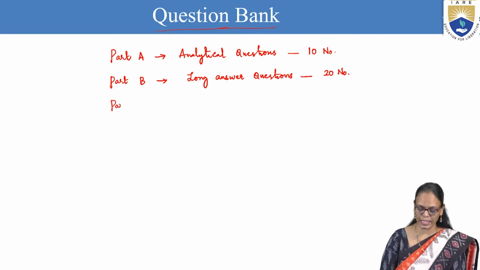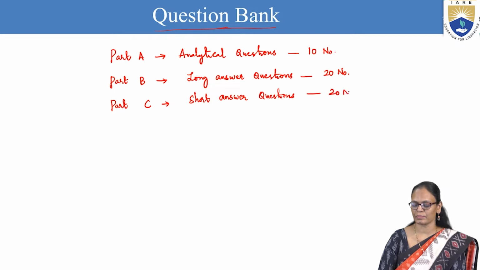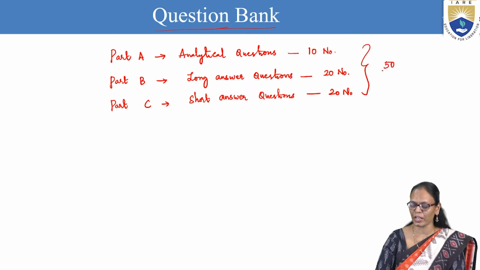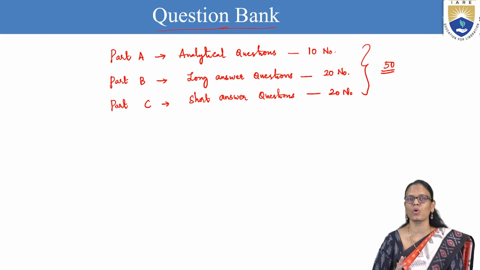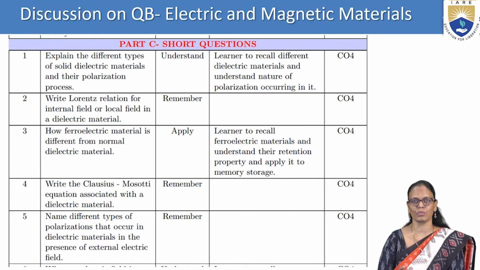And part C has short answer questions, which are 20 in number. So total from each module you will be given 50 questions. These 50 questions will give you a very clear idea of what type of questions will be asked in CIE as well as SEE. So with this we move forward to discuss the questions.